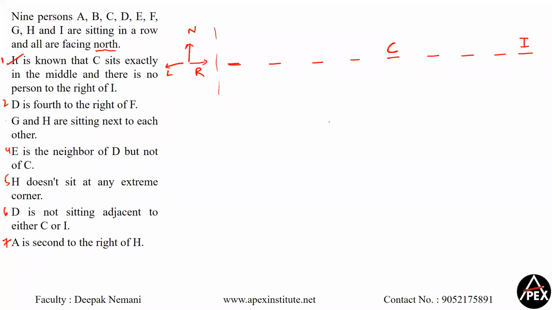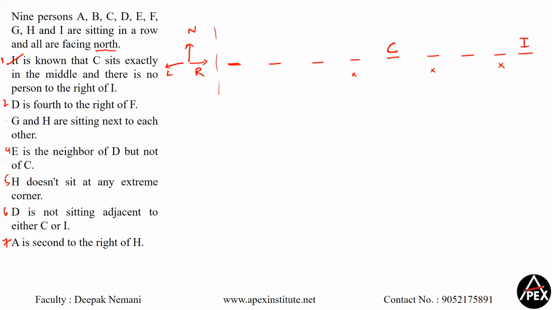Last but one: D is not sitting adjacent to either C or I. So if I consider that, D cannot sit here, D cannot sit here, D cannot sit here. If I consider the sixth statement, D is not sitting adjacent to either C or I.